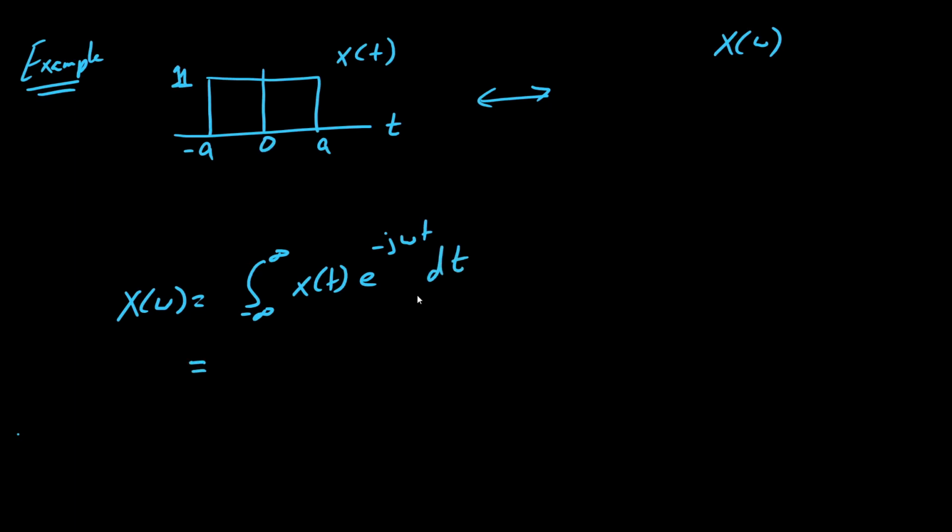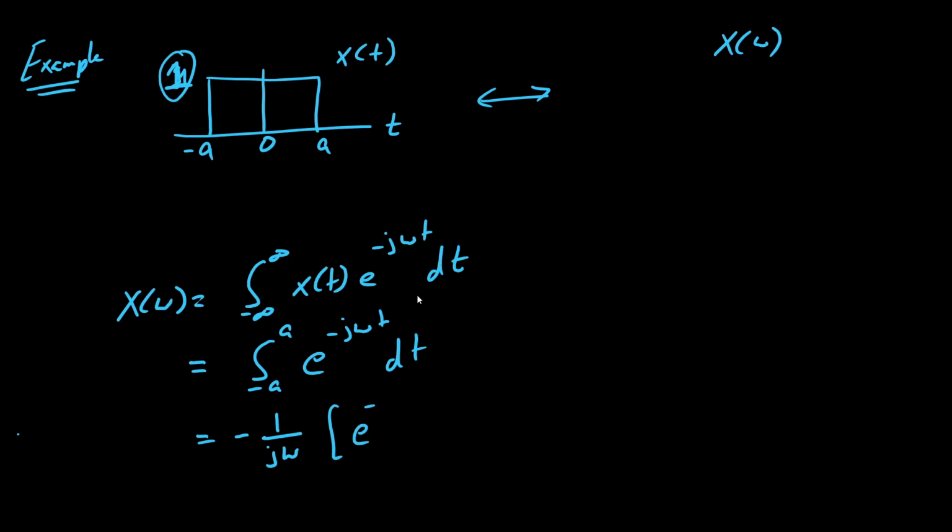Now this is equivalent to the integral from minus a to a, where the amplitude is simply 1. So we have e to the power minus j omega t dt, and the solution for that is minus 1 over j omega times e to the power minus j omega a minus e to the power plus j omega a.